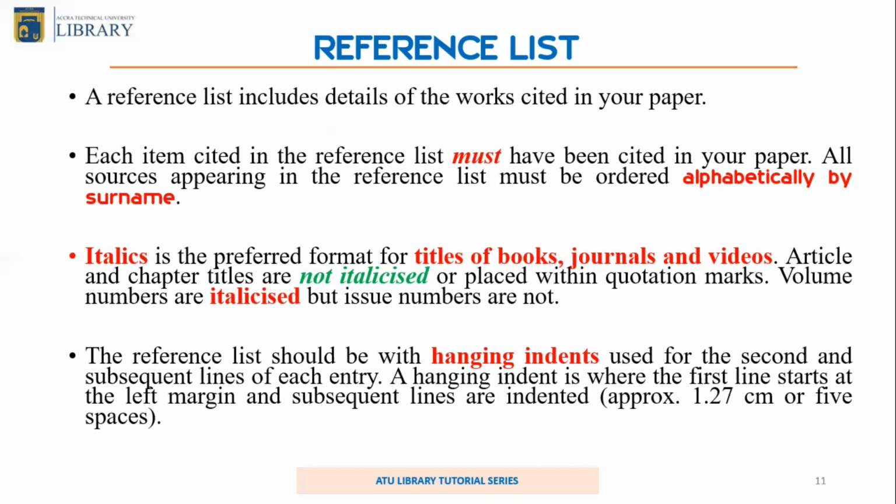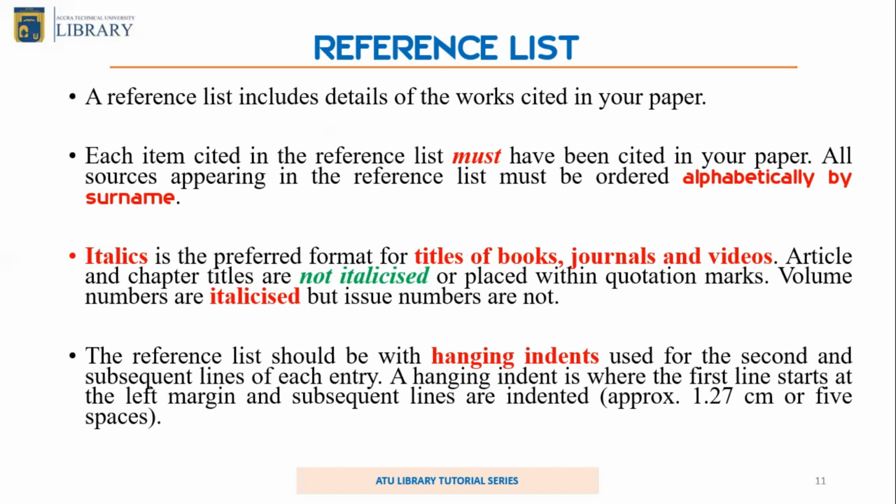Now, take note when it comes to the APA referencing style, there are one or two formats that you should be familiar with when referencing. Italics is a preferred format for titles of books, journals, and videos. So when we want to put down a book title, it should be italicized.